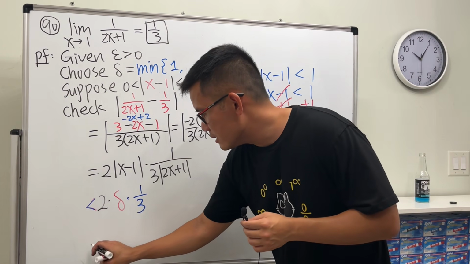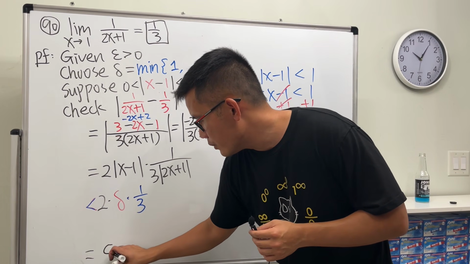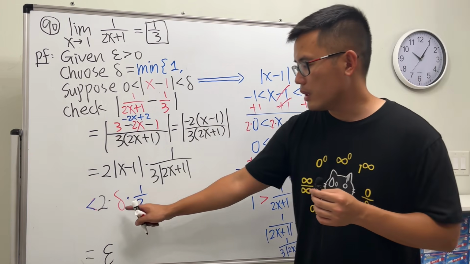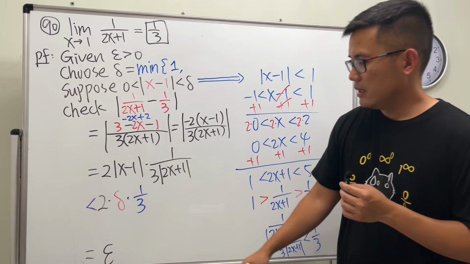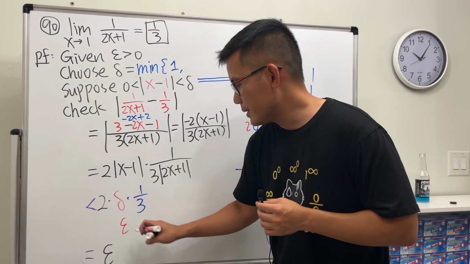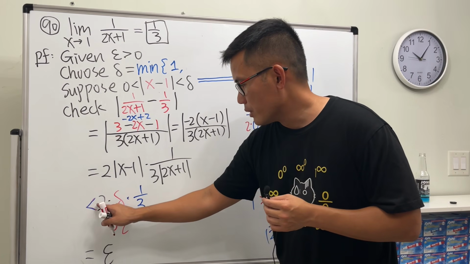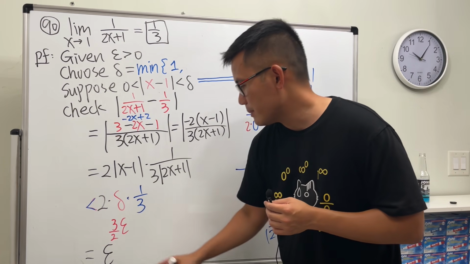Now, ladies and gentlemen, all the way at the end, we want to end up with epsilon. So what should we pick for delta? We divided by 3, so we better multiply by 3. We multiply by 2 here, so we should divide by 2.